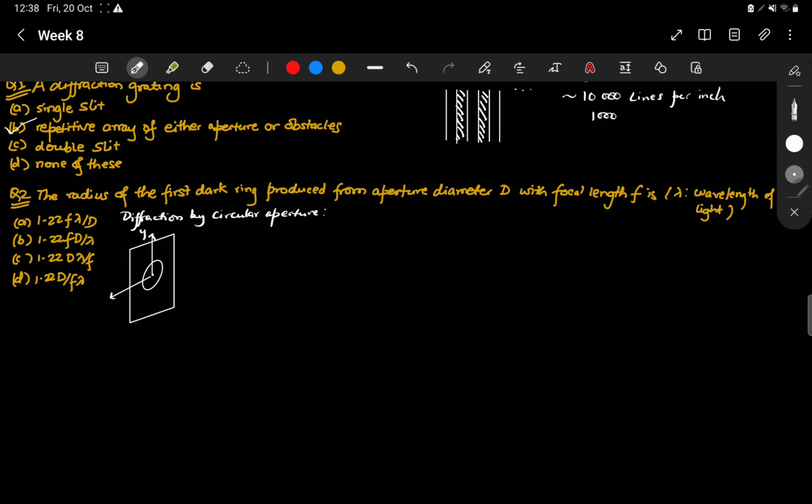Let's call this Y, this Z. And then the screen is placed at some distance.